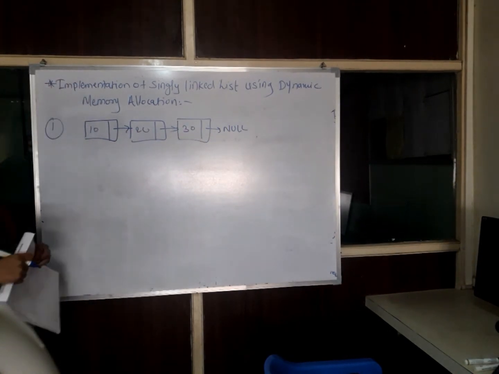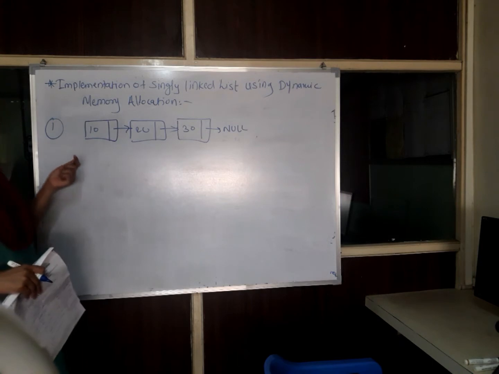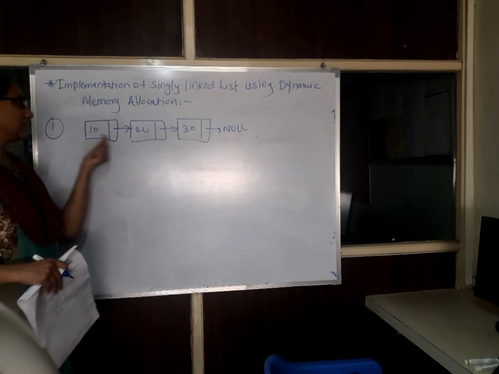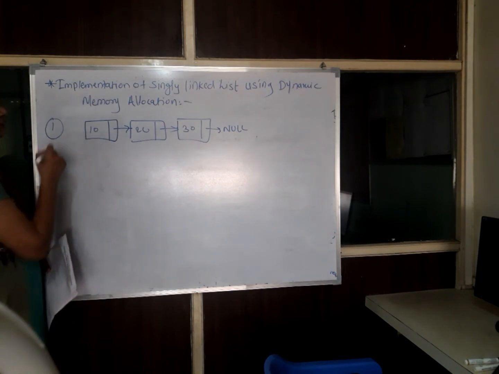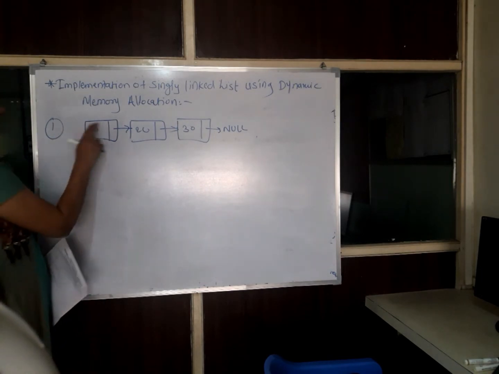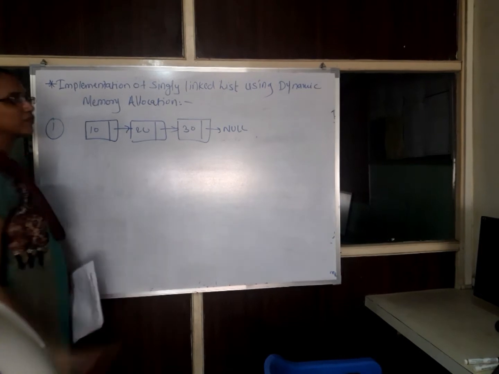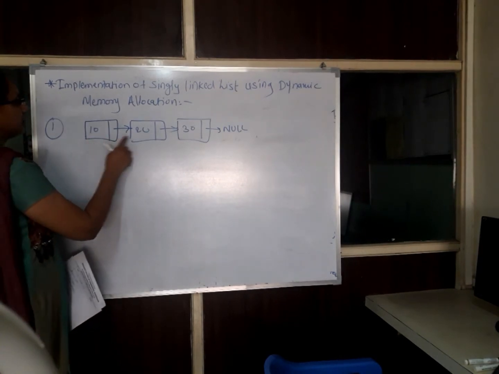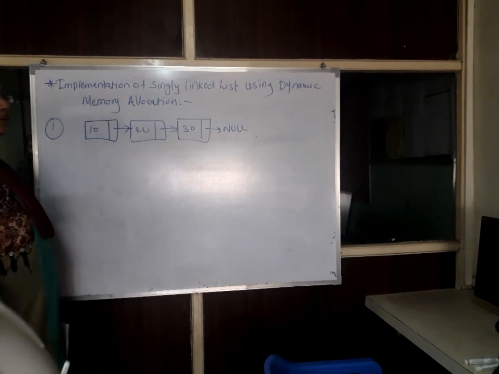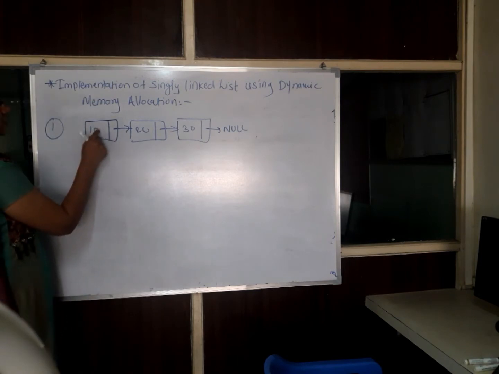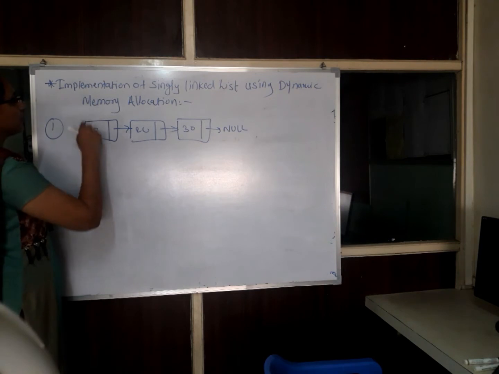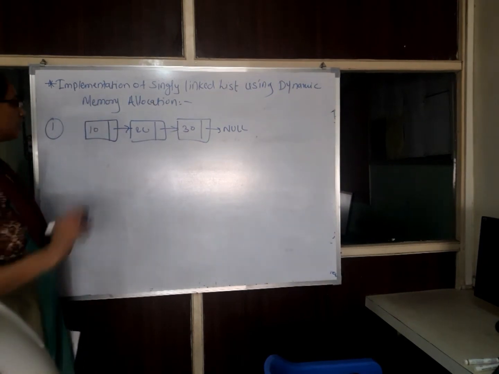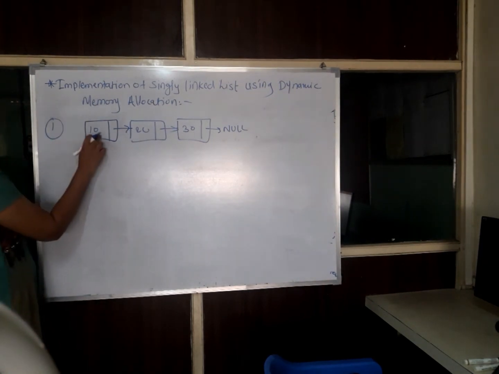Now in order to create a linked list, I want a number of nodes in that list, but those nodes have the same type of format: data and link. So I will create a structure for this node, and in the list I am going to add the nodes. So what is the structure for this node?